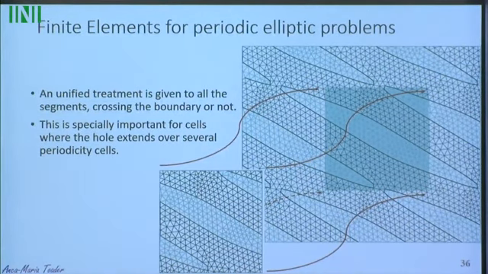And this unified treatment given to all segments crossing the boundary allows one to obtain this type of elongated holes, which are starting, let's say, here inside the cell, going out here, and then continuing on the other side, and getting out again here, and re-entering on this side.